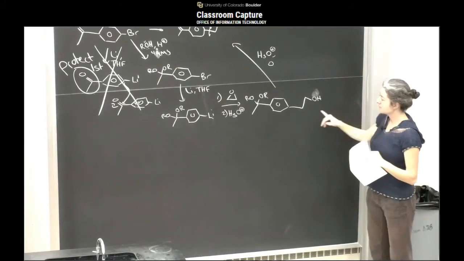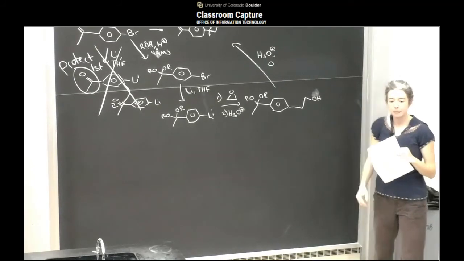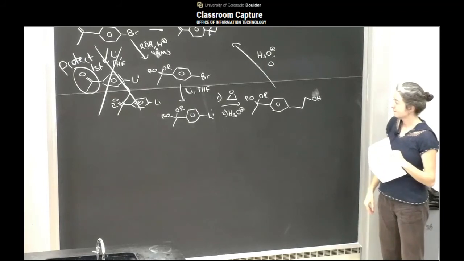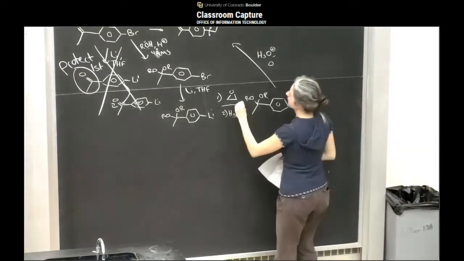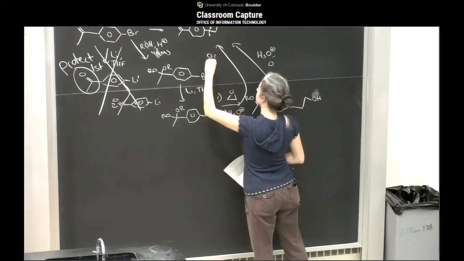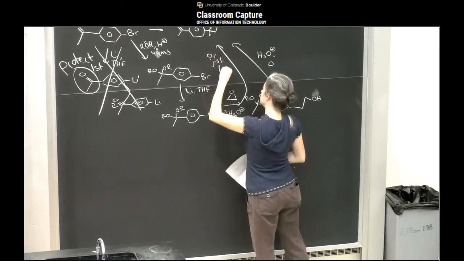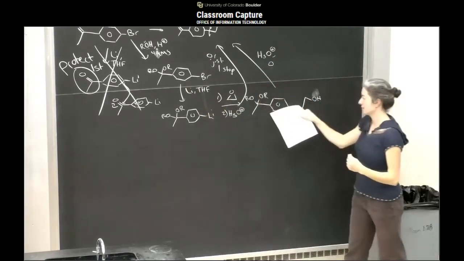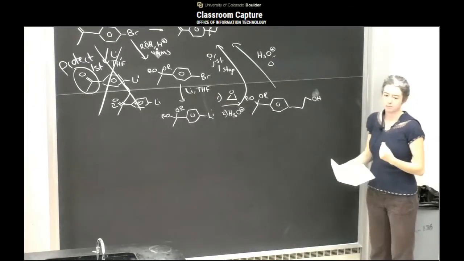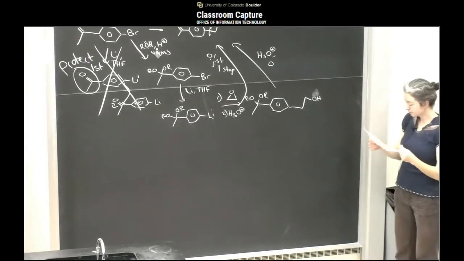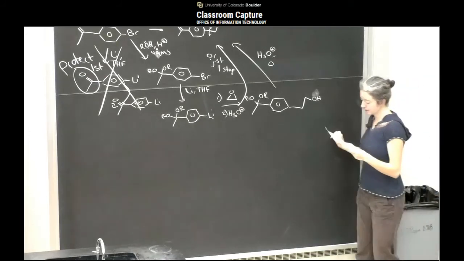Okay. So questions about this? Yeah? So we can't show it in one step with the H3O plus and the heat? Oh, you totally can. Yeah, so you can draw it out as a separate intermediate or just going all the way to the product, and I'm fine with either. Okay.